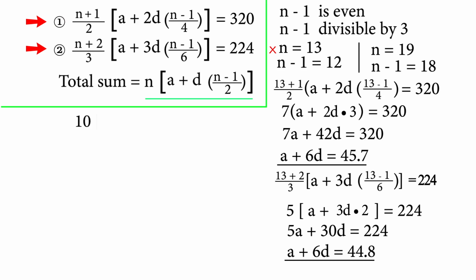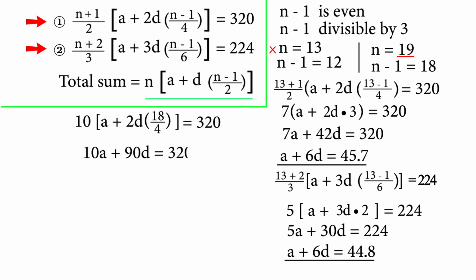I'm just substituting 19 for n. 10 times (a plus 2d) times 18 over 4 is equal to 320. And that looks like 10a plus 90d is equal to 320. And divide through by 10, we'll get a plus 9d is equal to 32.